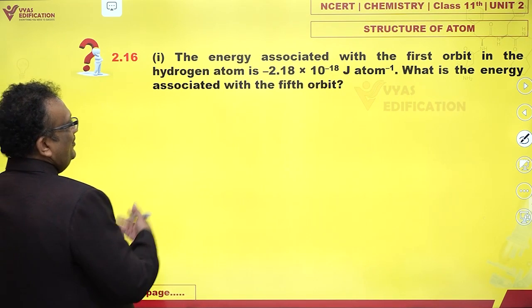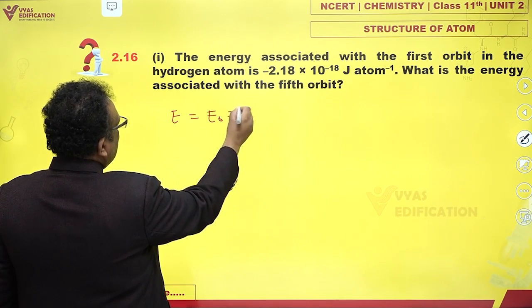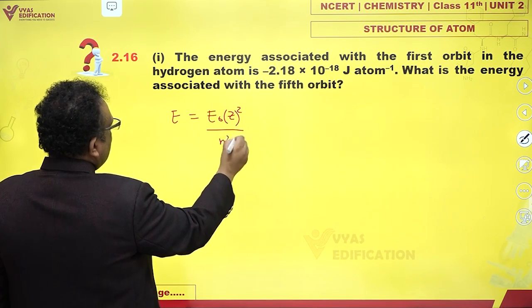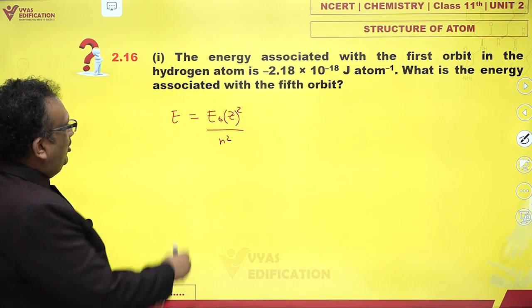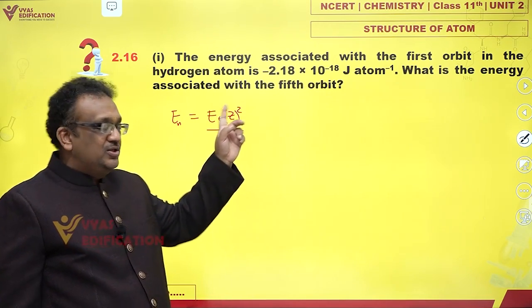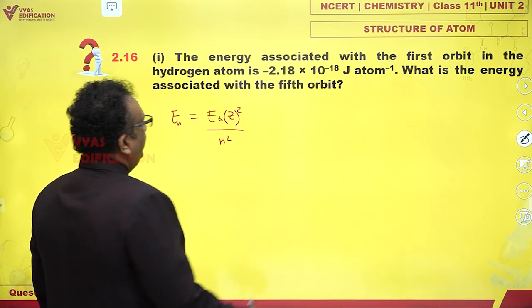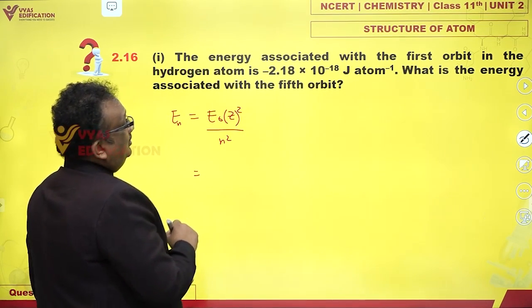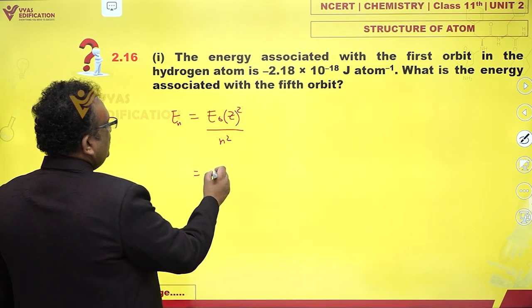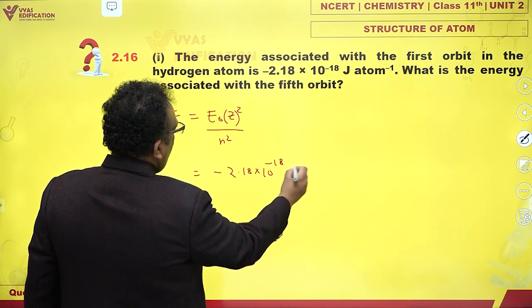Now it's pretty shameless. E is E naught into Z square by N square. This is the formula. Energy in nth orbit is energy in the first orbit into atomic number squared, by the level n square. The first orbit I am given as minus 2.18 into 10 raised to minus 18 joules per atom.